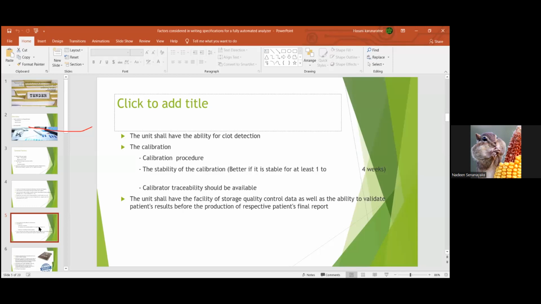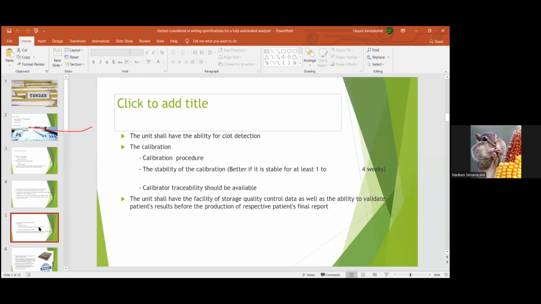The bidder should include the calibration procedure and the stability of the calibration. It is better if the stability of the calibration has a longer duration, because frequent calibration will need more reagent, and it will ultimately affect the 5-year cost of analysis in the tender procedure.